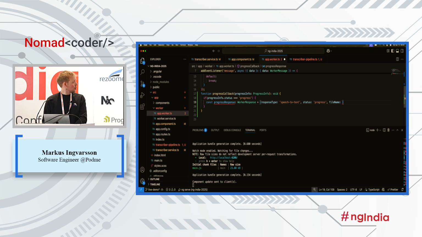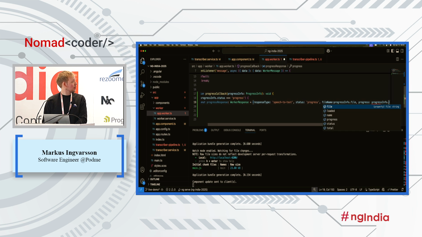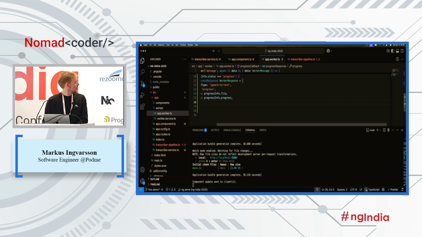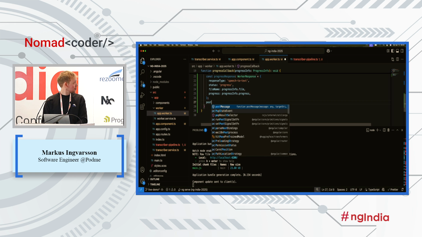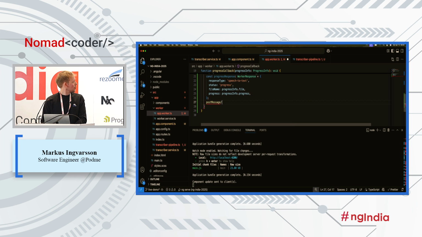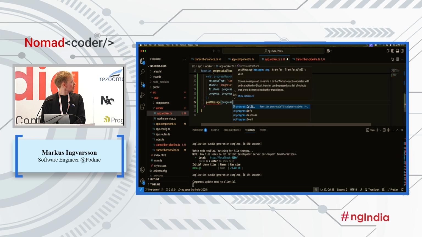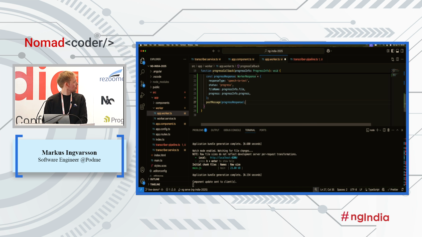The file name we get from this progress info message, as well as the progress. That is, how much have we downloaded, how many percent. Progress info dot progress. Nice. So here we got the progress response. Let's post that message through the web worker. Nice.